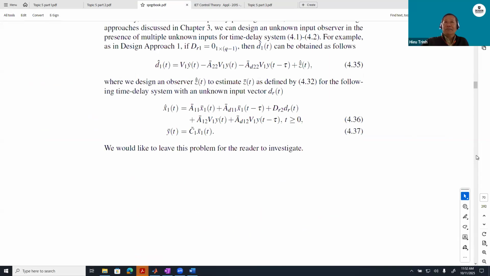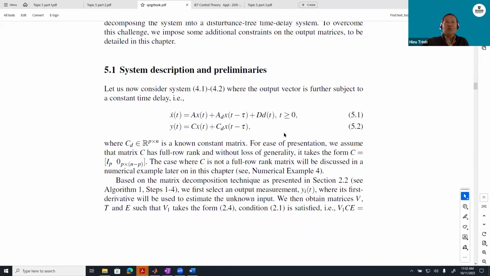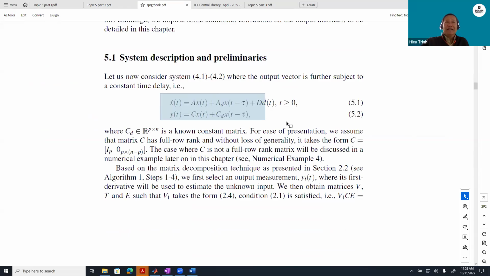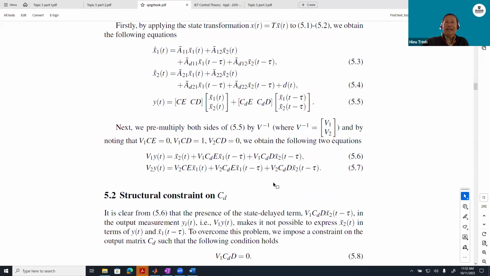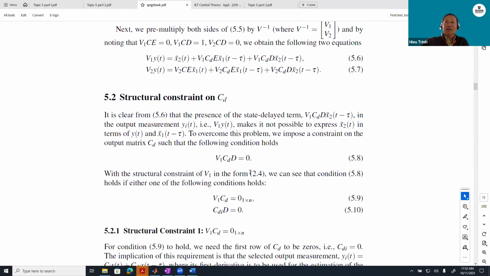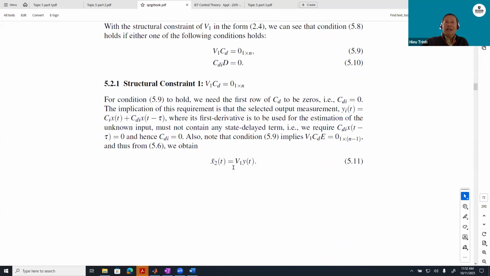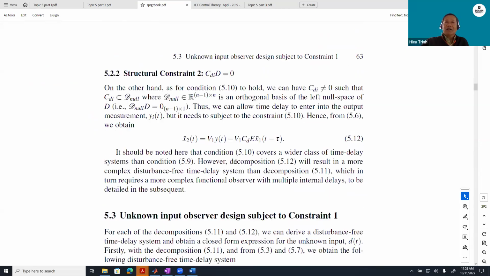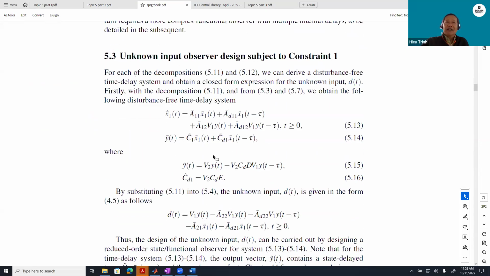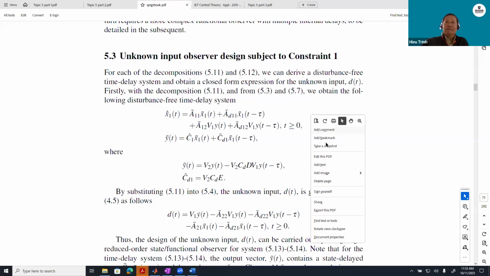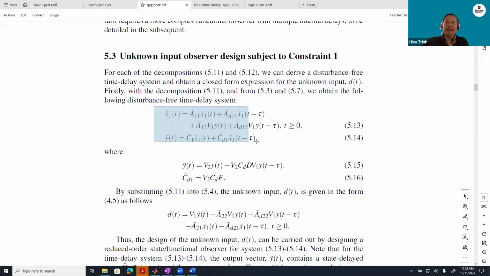So if we look at chapter 5, where we look at this time delay system with this extra delay term in the output measurement, and if we follow the decomposition technique and we impose a constraint on it, then with that particular constraint, we arrive at a reduced order time delay system without a known input, which is this one here.